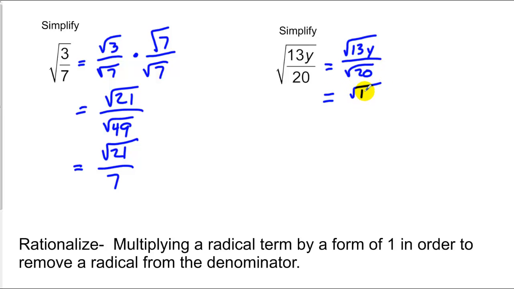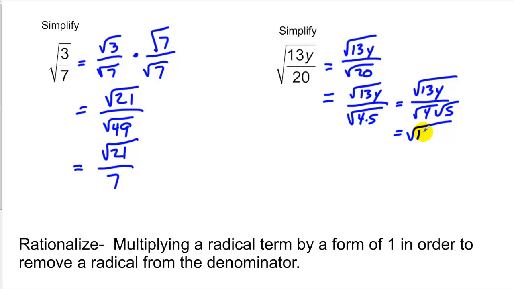This goes to root 13y over root 4 times 5. And I can split that even more. That goes to root 13y over root 4 times root 5, which is root 13y over 2 root 5.